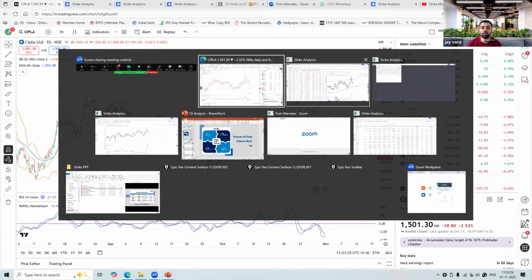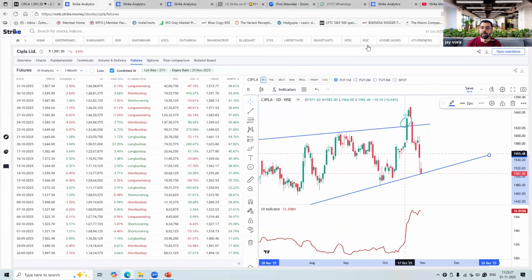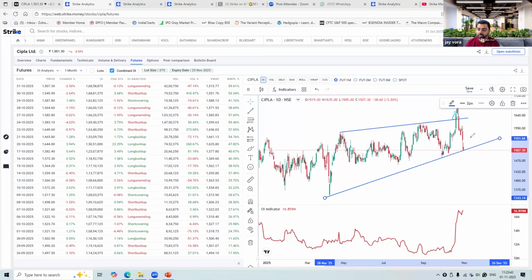But now understand one thing: till the time these long positions, the long build-up that we have seen, do not get covered, the trend will continue to be on the downside, provided it breaks and sustains below this.